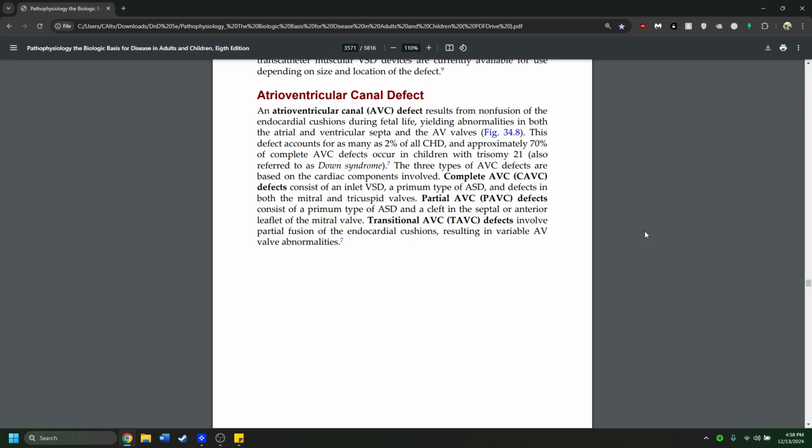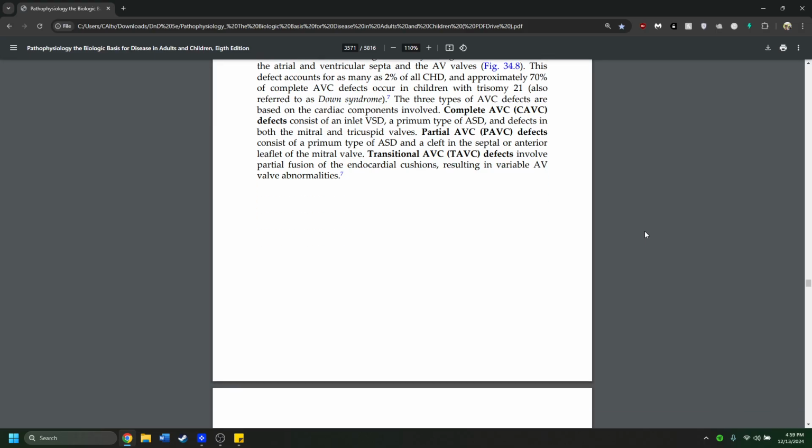A partial AVC, or PAVC, defect consists of a primum type of ASD and a cleft in the septal or anterior leaflet of the mitral valve. And then a transitional AVC, or TAVC, defect involves partial fusion of the endocardial cushions resulting in variable AV valve abnormalities.